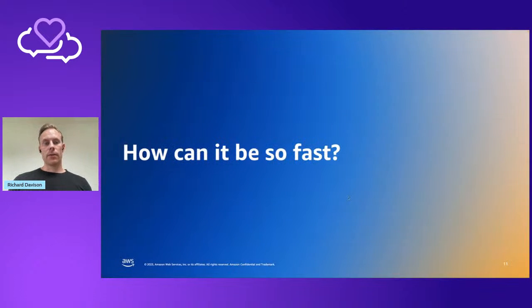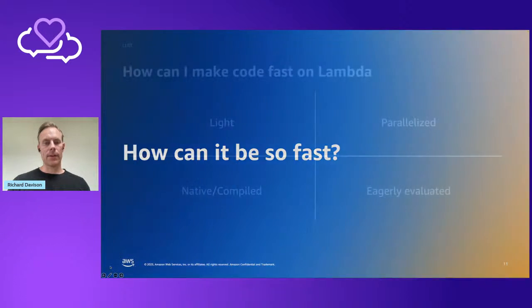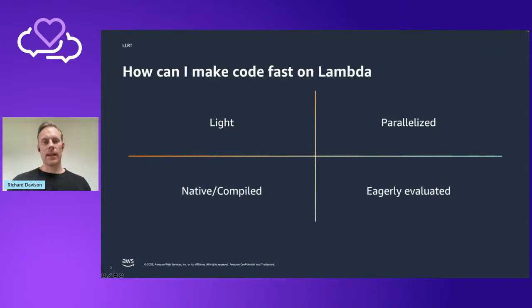And how can it be so fast? What makes this almost 20 times faster for cold start that we saw, and more than 2x faster for warm start versus Node.js? There are a couple of things that are the main reason behind this. If we take a step back and try to get a perception of how can I make any code or any application run fast on Lambda, there are 4 major things that you can do, if we exclude the obvious one, configuring Lambda with more memory.